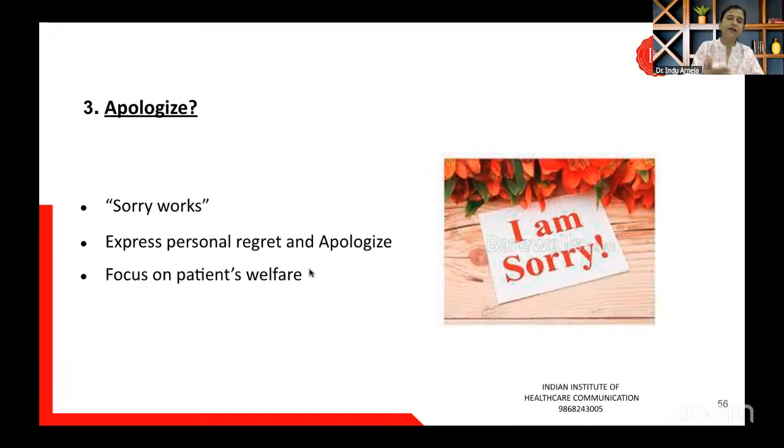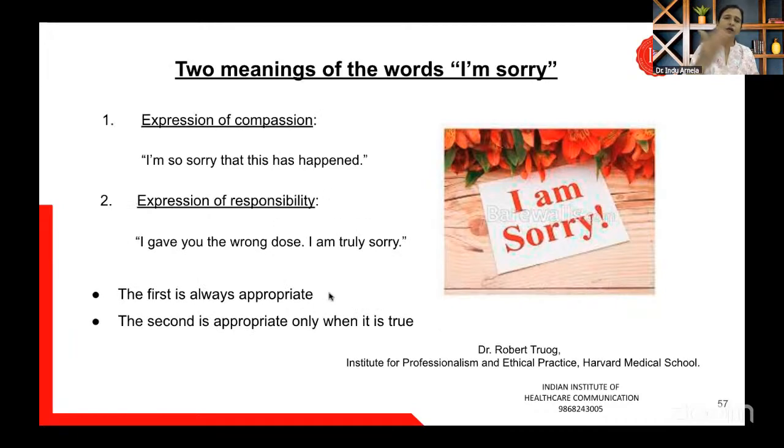But if you can take their focus to the patient's welfare, or to whatever corrective action you are going to do or have taken, their focus shifts to the patient's welfare. And if you can have that kind of skillful conversation, where you immediately move to what you are going to do to correct it or prevent further harm and look after the patient.